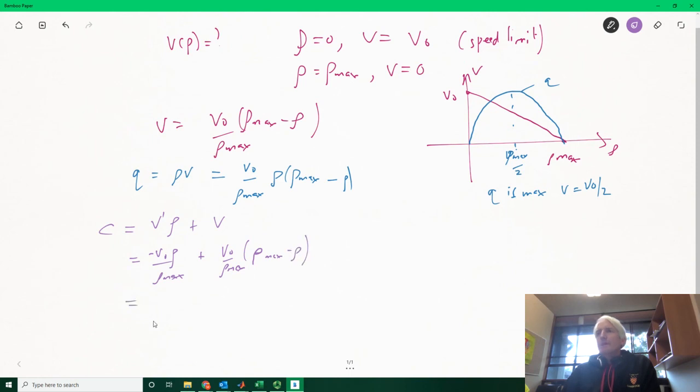So that simplifies to become v naught over ρ max times (ρ max minus 2ρ). So the blue is q, and the purple curve is c. It comes down, a straight line here, and comes down to be minus v naught. So this is the curve for c.